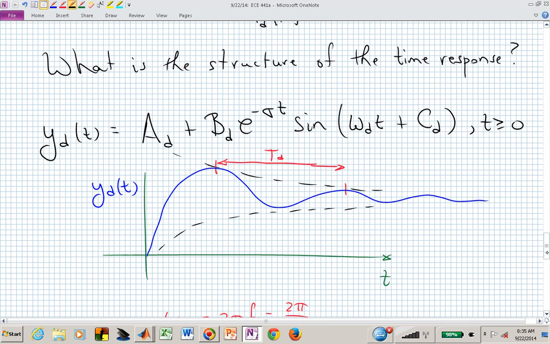And how do you find omega sub d? Well, you could measure T sub d. In the lab, some of these systems you don't give them much of a push, and they may only have one bump before friction takes over. And so we're going to start looking at finding the time to peak and using that to infer what omega sub d is.